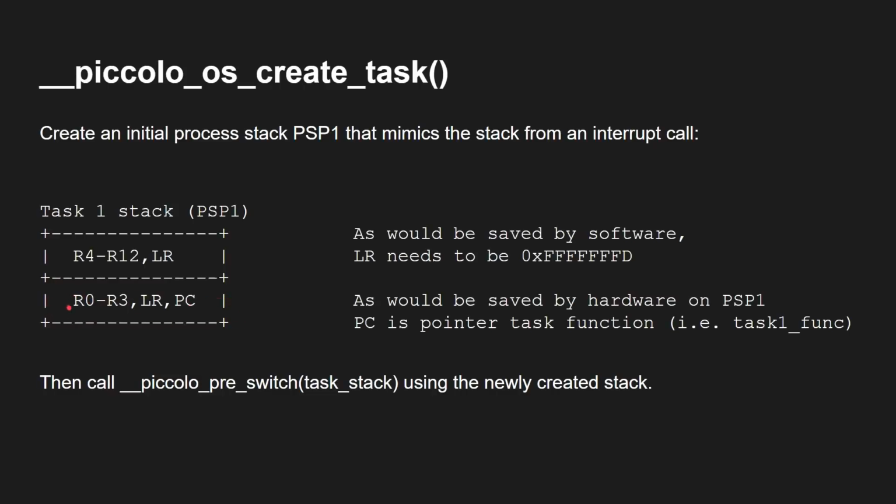The interrupt handler can then freely use R0 to R3, and then it can return to where it came from very easily. We also then put on the stack R4 to R12 so that we actually save all of the registers. So now the complete register states are saved, and also we save LR, which is actually going to be this special 0xFFFFFFFD, so that it knows how to return out of an exception.